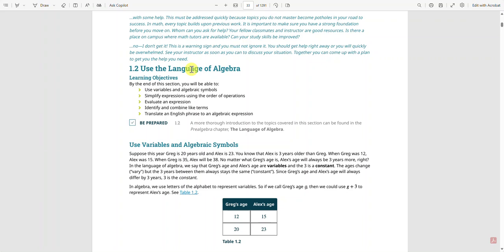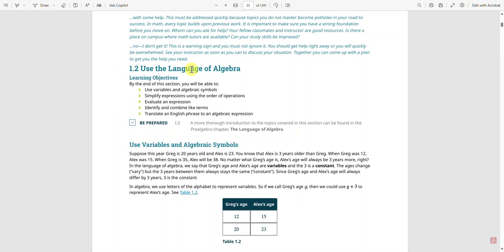We use letters and punctuation marks to communicate in written language. Well, there's also a language of algebra because we use symbols to represent different ideas, just like letters. So in Section 2, we're going to learn to use the language of algebra.